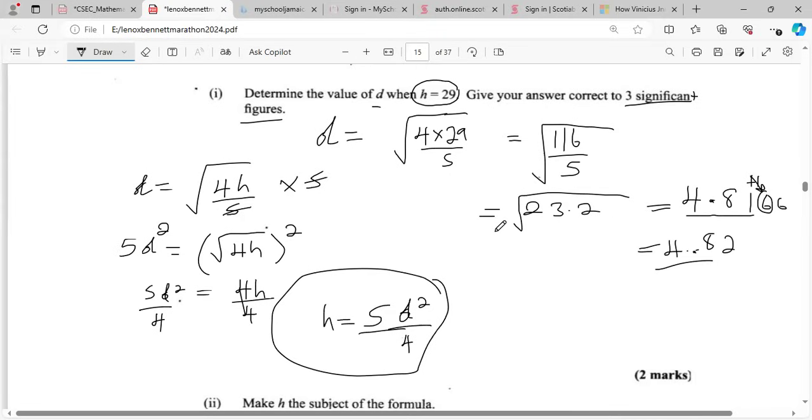So you square the 4H. So it wouldn't be 8H or something. Remember, if you find the square root of a number and square it, you just have the number. Like for example, if you have 25 and you square it, the answer you actually work out to 25 alone, you know.